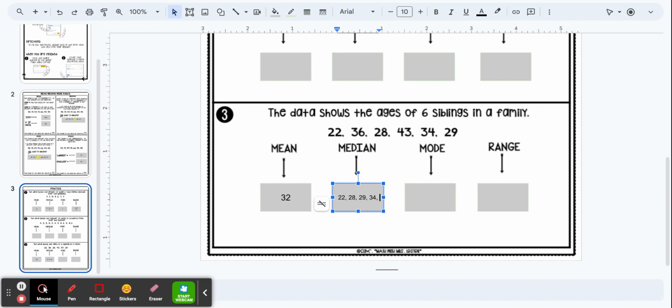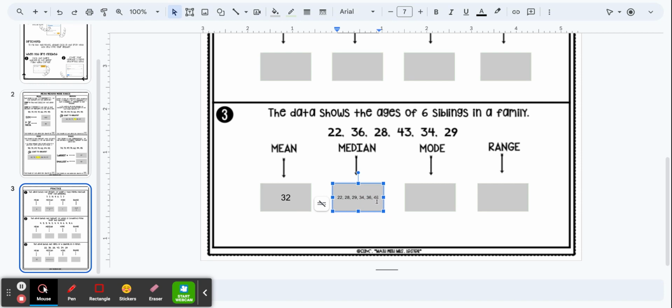Sometimes you may miss a number, like I almost just missed putting 29 in there. You can always go back and squeeze it in. 34, 36, and 43. Make these a little bit smaller so we can get them all on one row. Okay, so that's pretty small.